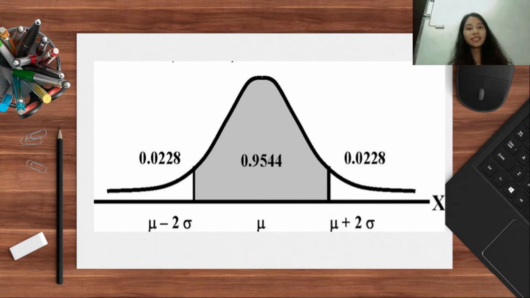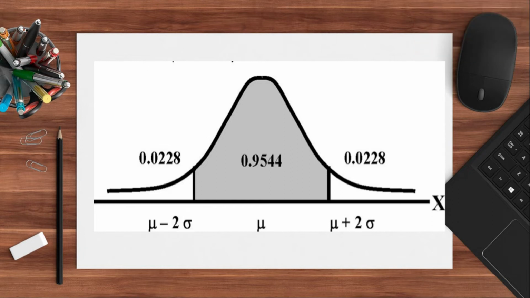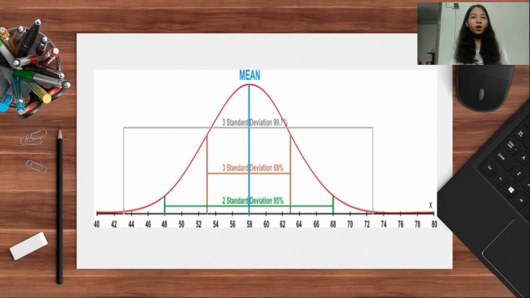Now, take a look at the next picture. It's basically the same as the first, only this time we're looking at 2 standard deviations above and below the mean. For a normal distribution, approximately 95% of the observations will fall within this area. The same thing holds true for our distribution with a mean of 58 and a standard deviation of 5. 68% of the data would be located between 53 and 63.